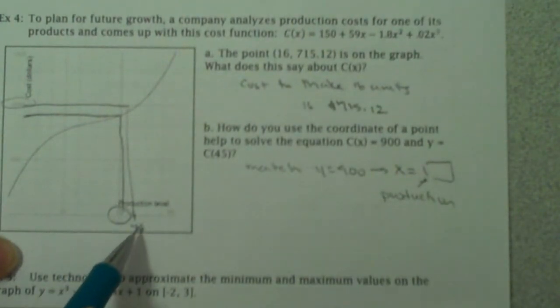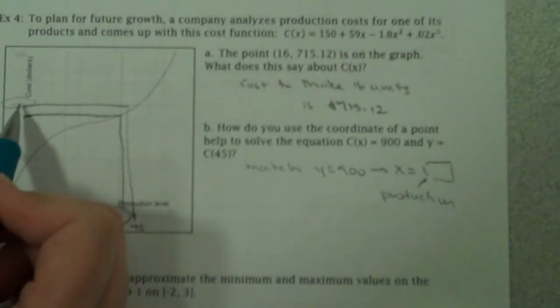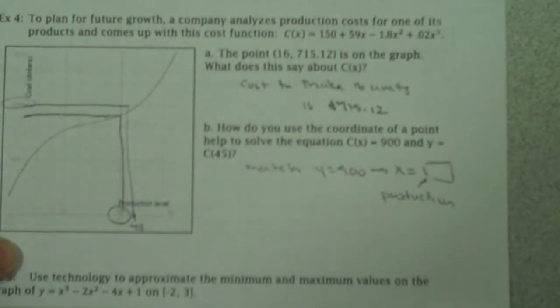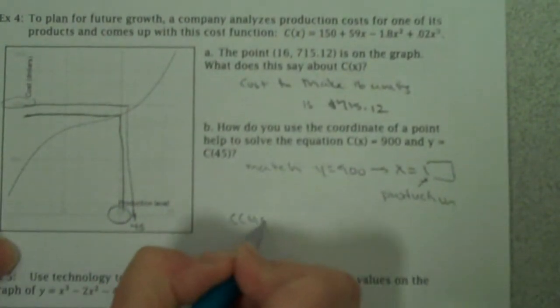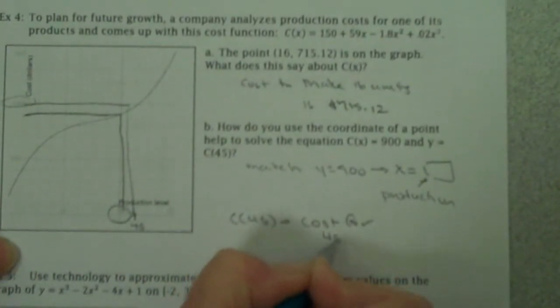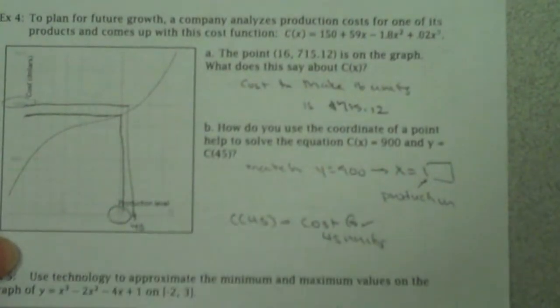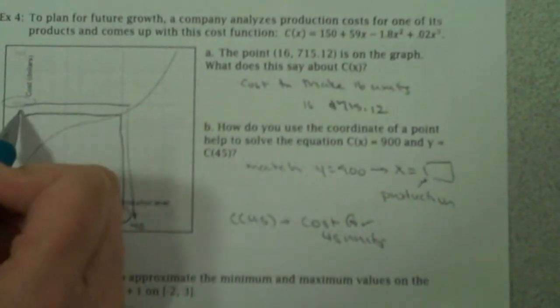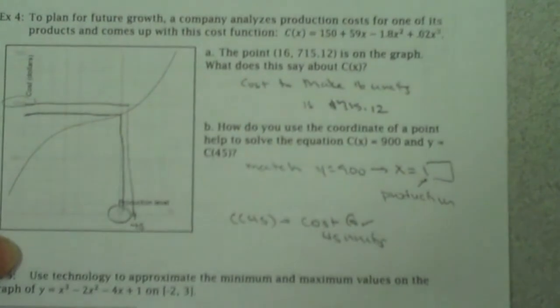If you're given an X value, you'll go up to the curve and over to the Y-axis to find the cost. So C of 45 will give you the cost for 45 units. Given an X, go up and get the Y. Given a Y, go over and down to get the X.